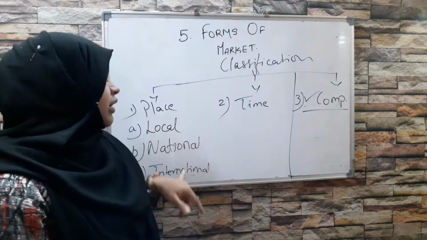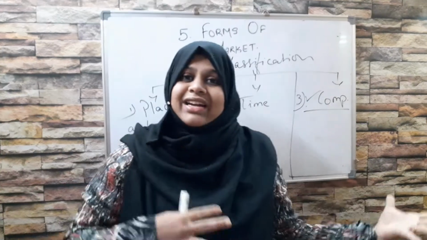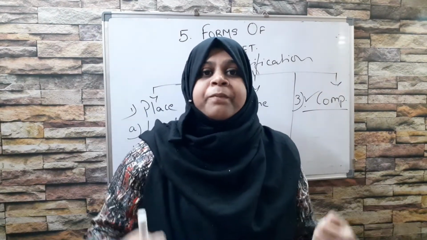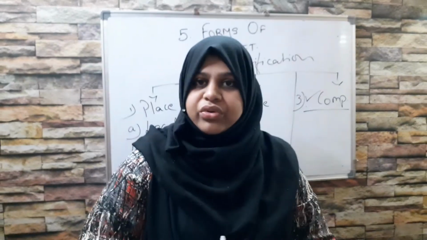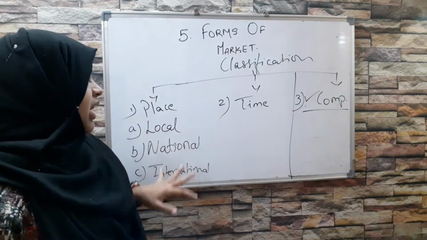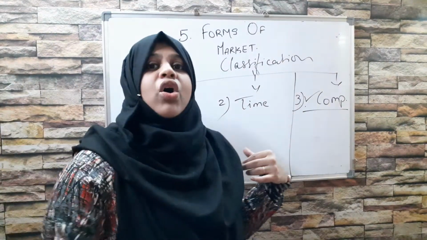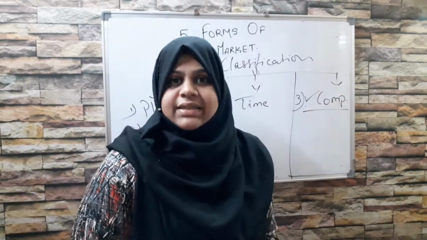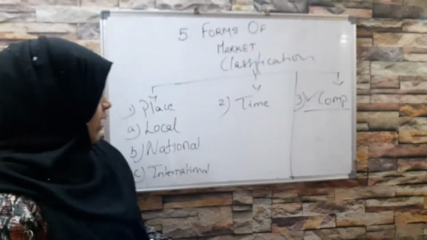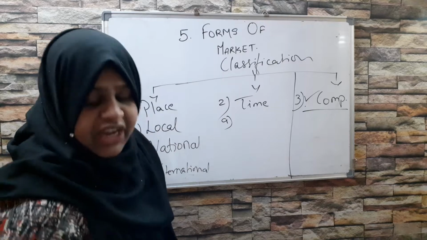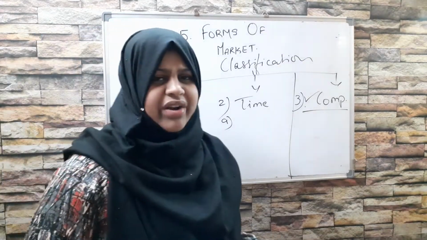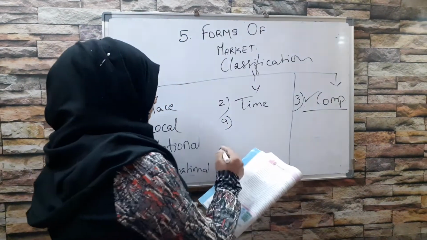That particular type of market is the international market, where the product is going outside the national boundaries, okay. So these three are classified on the basis of place. We move on to the next one, time. There are 4 classifications and these are very simple, okay.